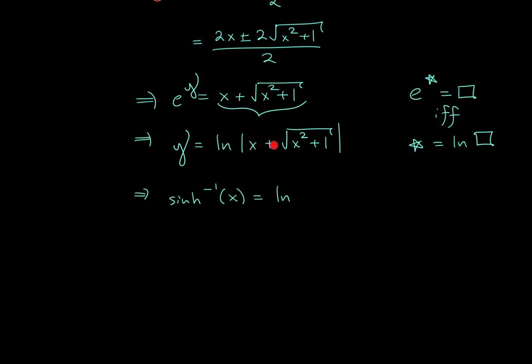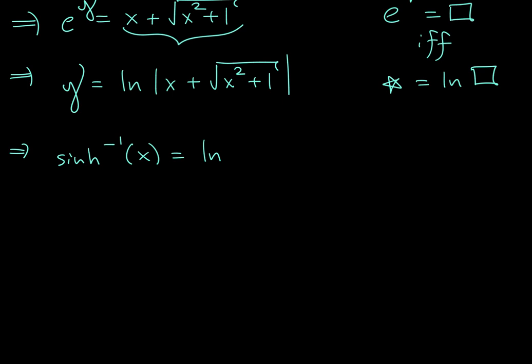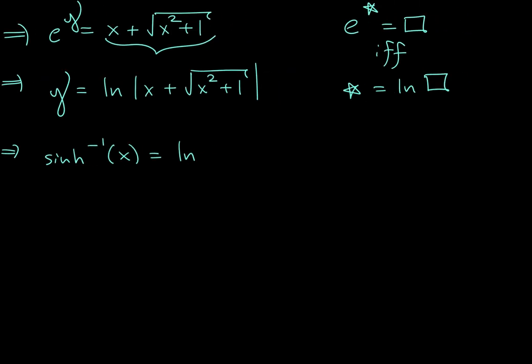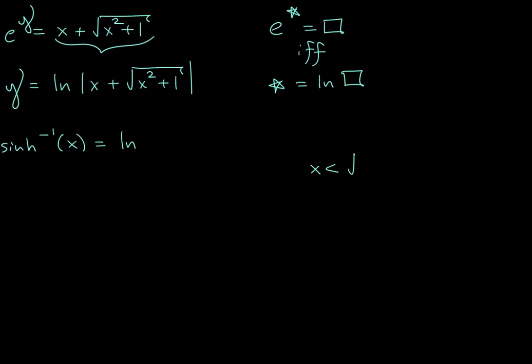And I'm always adding this greater thing than... okay, so here, like this. Oh, shoot. What would be the best way to explain this? This is definitely true. X is always less than the square root of x squared plus 1.